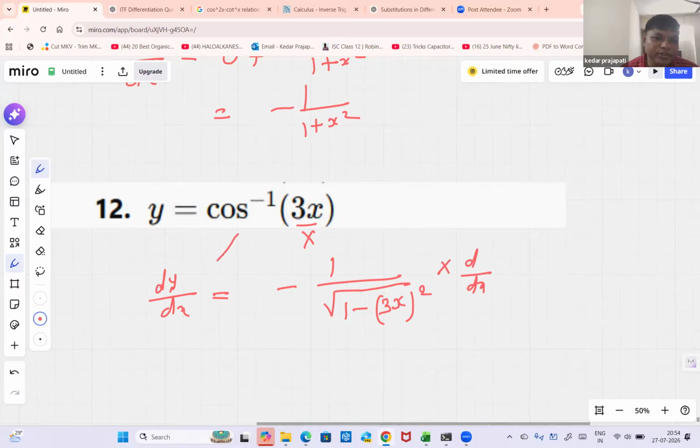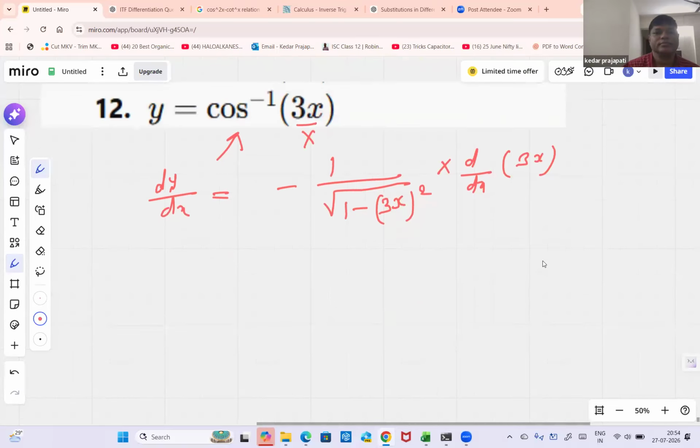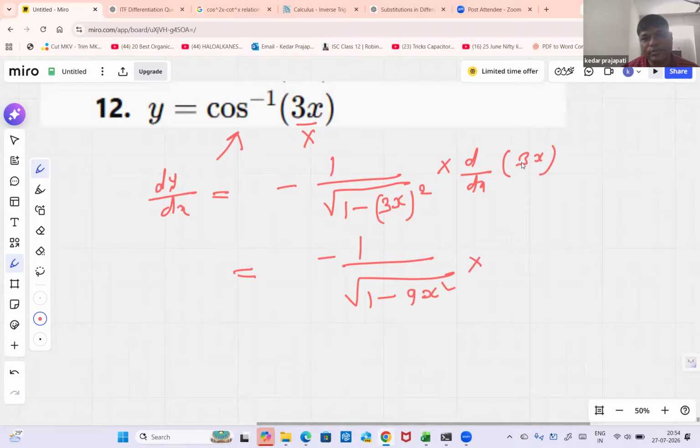So first we did for this, and then we are doing for this. It is coming as 1 minus 9x square, into 3 will come, d by dx of x is 1, correct? So 3. So this is your answer. Minus 3 by root of 1 minus 9x square.